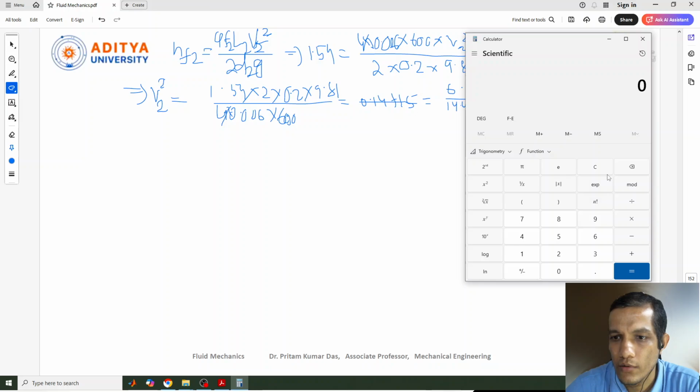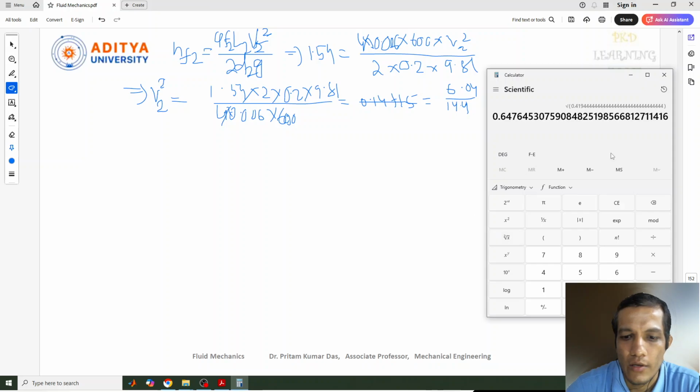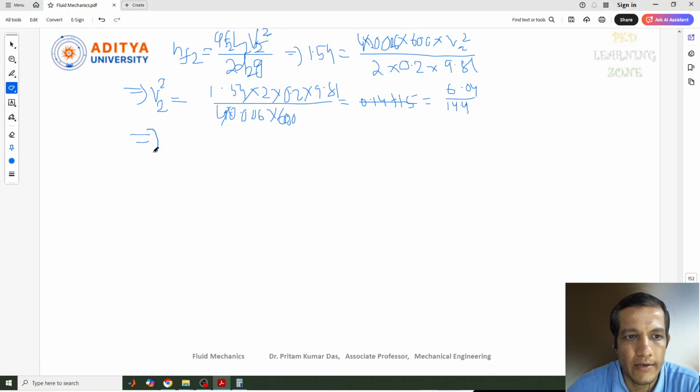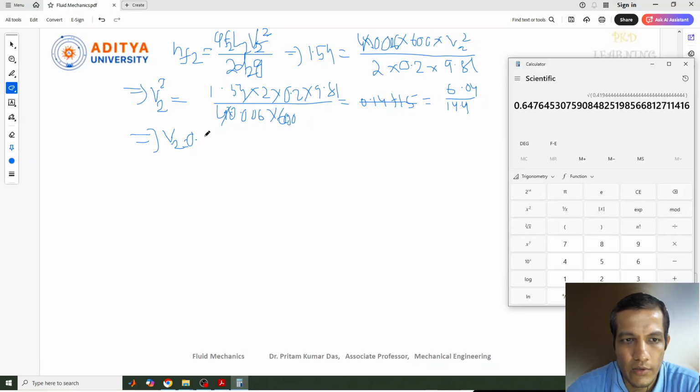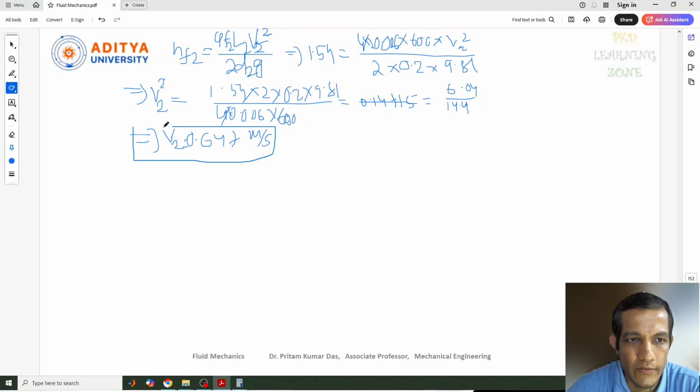Now 6.04 divided by 14.4, and then the root of this. So V2 equals 0.647 meter per second. This is the velocity 2.